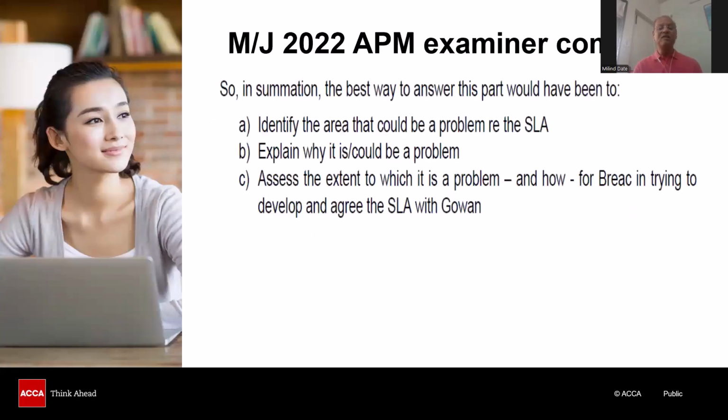The best way to answer this part would have been to identify the area that could be a problem, referencing the SLA, explain why it is or it could be a problem, and assess the extent to which the problem exists. Like for example, the last para said that this could be a potential barrier in accepting this.